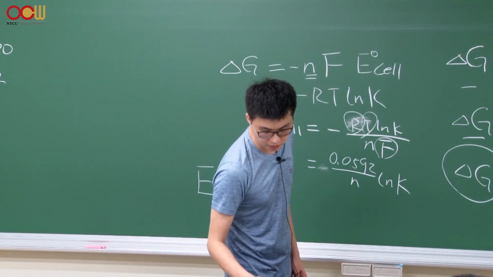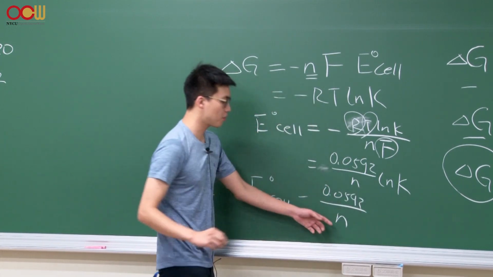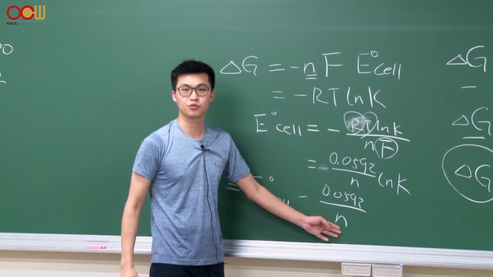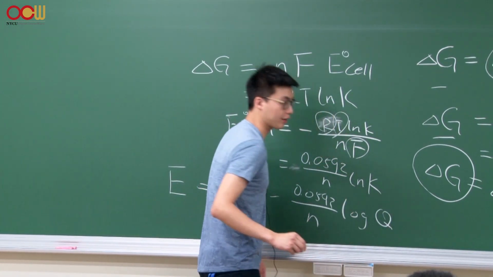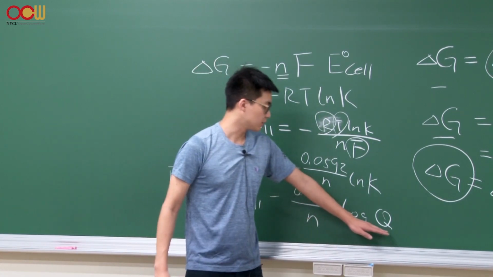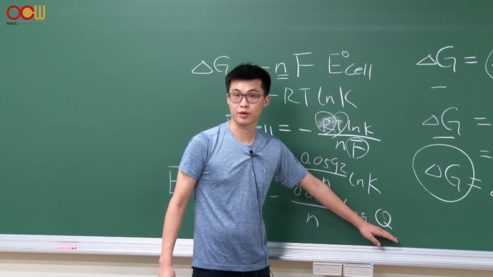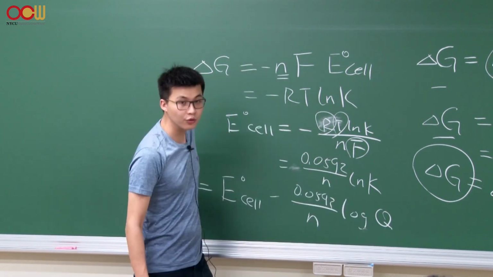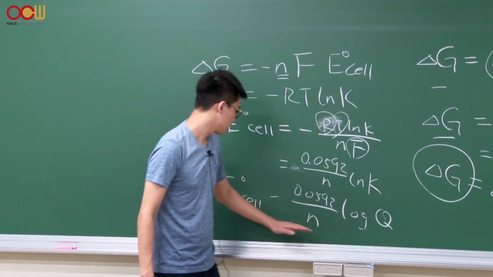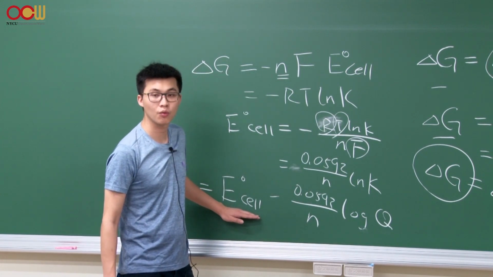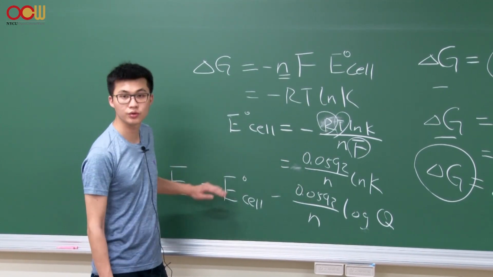It's a very similar form, minus RT over nF, where n is the number of electrons involved in each redox cycle, times log Q, at any given state. Why is this Q? Because it hasn't reached the equilibrium. So when Q equals K, you don't have any energy left. That makes sense? So you can see the similarity between these two equations.